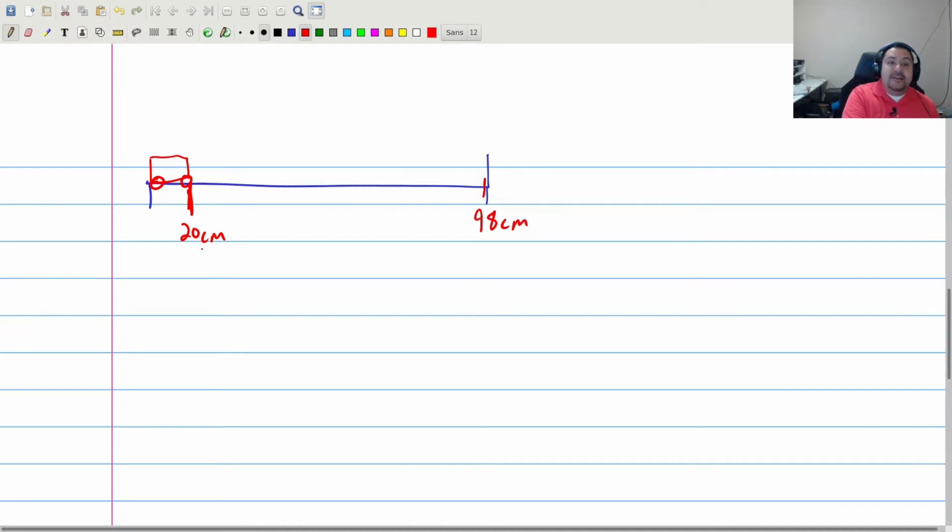Which means that what is the distance or displacement between these two things? Well, d vector is equal to 98 centimeters minus 20 centimeters, which tells us it went 78 centimeters, which is the same as 0.78 meters to the right.